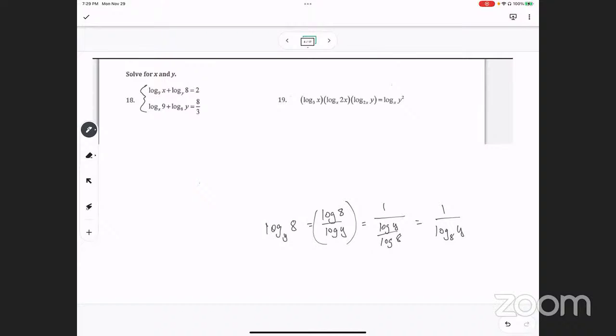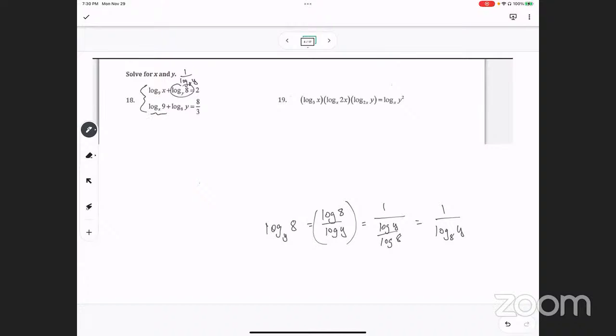Okay. There, I just came up with a theorem, I believe, a property. So if I wanted to rewrite this, I could rewrite this as 1 over log base 8 of y. Would that help me? And I could do the same with this.